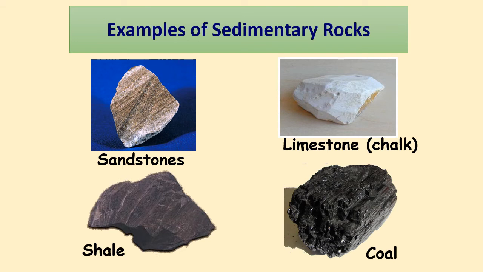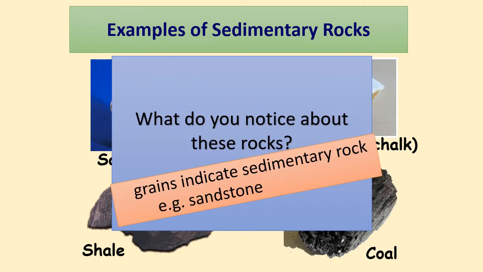These are all sedimentary rocks. So sandstone, shale, limestone, and even coal is considered a type of rock. And limestone is also known as chalk. When you look at these ones carefully, you'll notice that these rocks have grains, so they look a bit sandy.